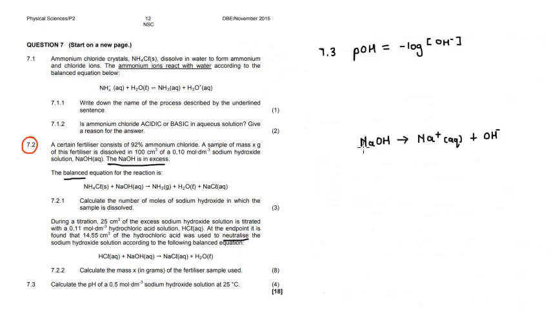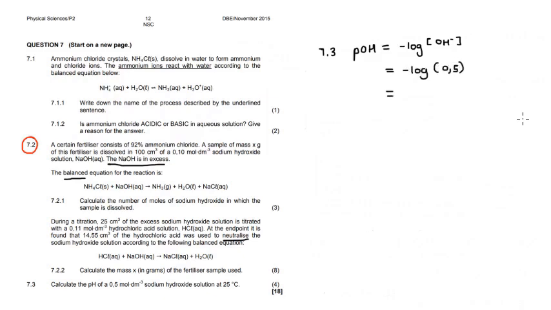Now you can see that there's a 1-to-1 stoichiometric ratio between the sodium hydroxide and the hydroxide ions. So if we are talking about a 0.5 mole per decimeter cubed concentration of sodium hydroxide, it means that there is also 0.5 mole per decimeter cubed concentration of hydroxide ions. We can just put that in there.